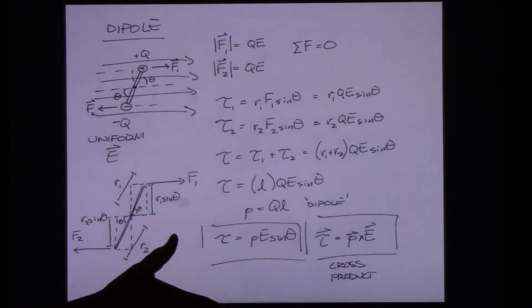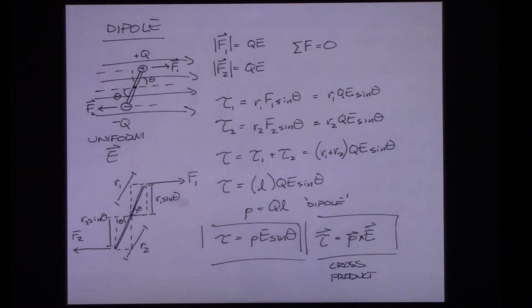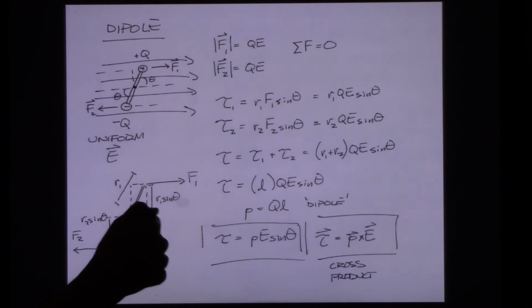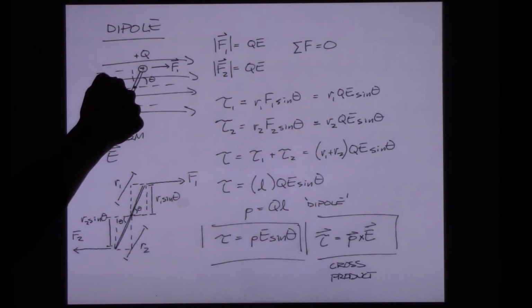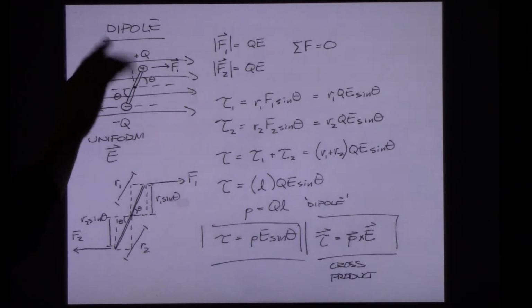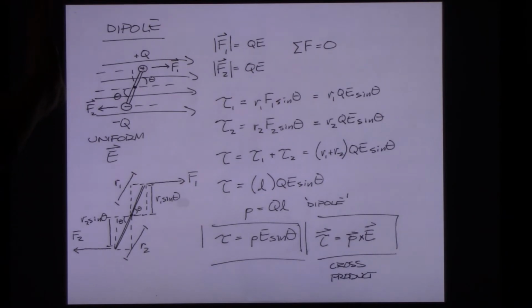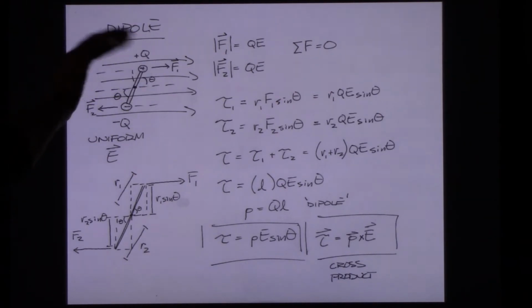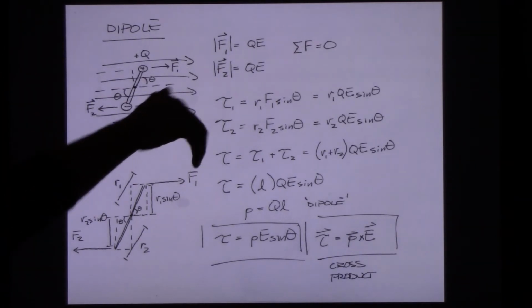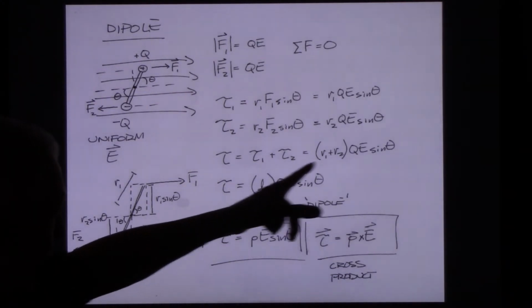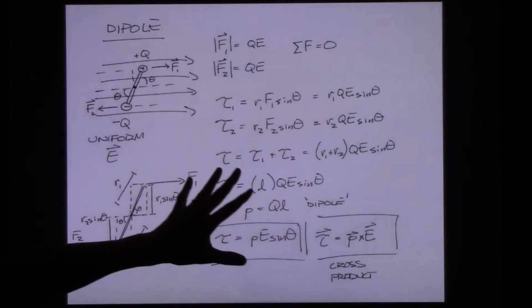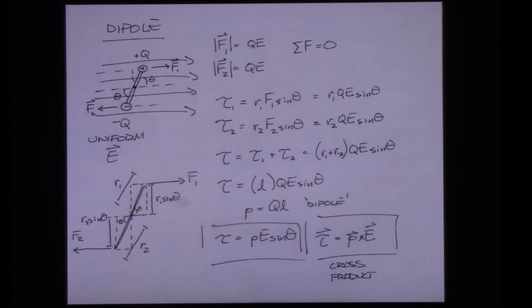So if I'm doing a cross product with my hand, P would be my thumb, E would be my fingers, and the direction of my palm would be the direction of the torque. So the torque here is into the page, and again, using the definition of positive and negative directions for that torque, it's going to tend to rotate it in this direction. So yeah, I can define all three of these as vectors and write down a vector formula.